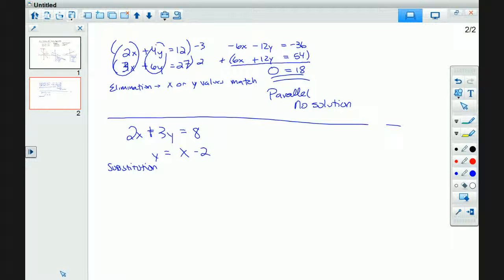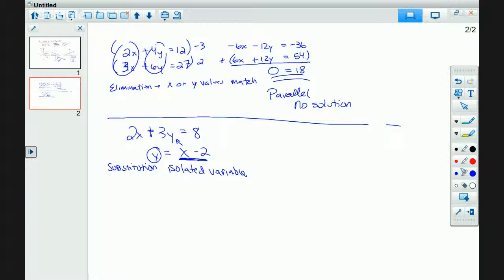This is where I would use substitution, because I have an isolated variable right there. So I'm going to take this, which is y, and I'm going to plug it right in. Get good at substitution. Please get good at substitution. It's used a lot more than anything else for solving systems of equations.